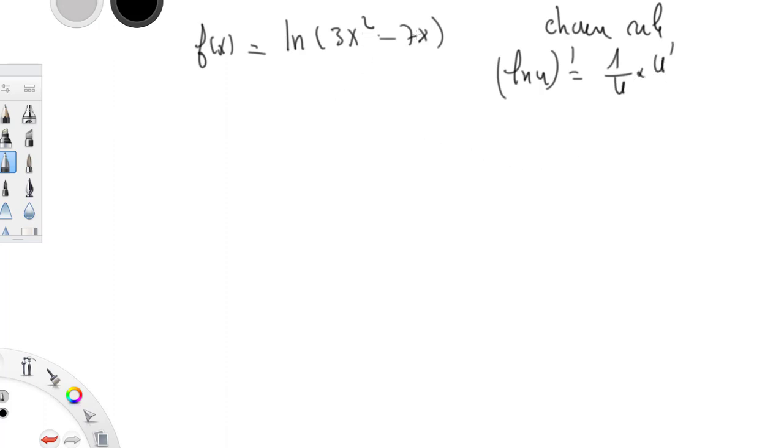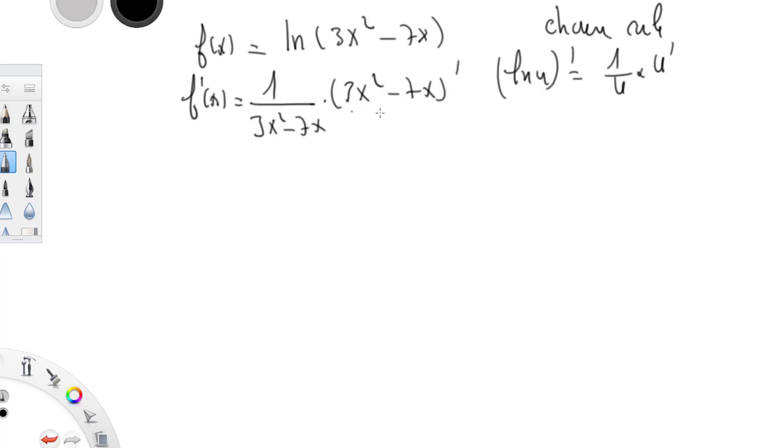Here u is 3x squared minus 7x. So f prime of x would be 1 over 3x squared minus 7x multiplied by the derivative of 3x squared minus 7x.